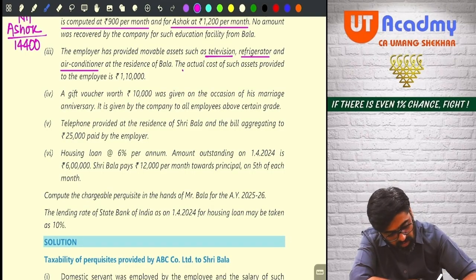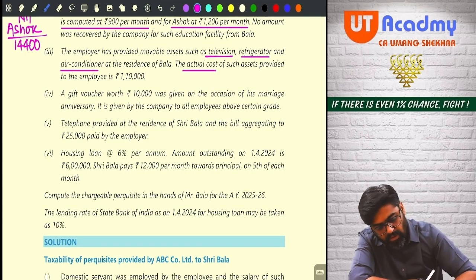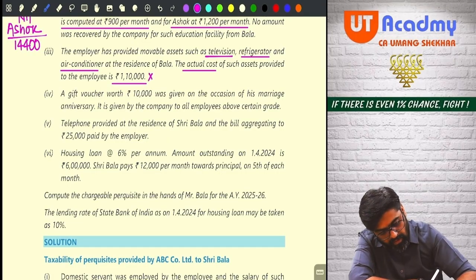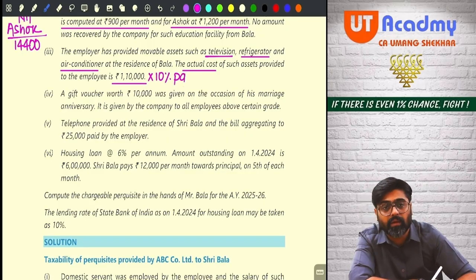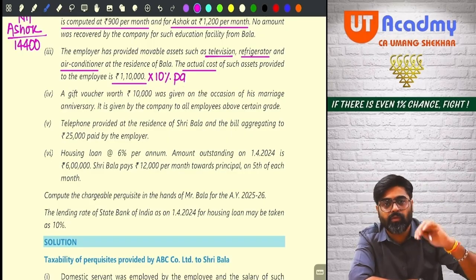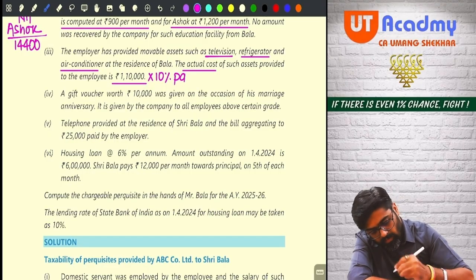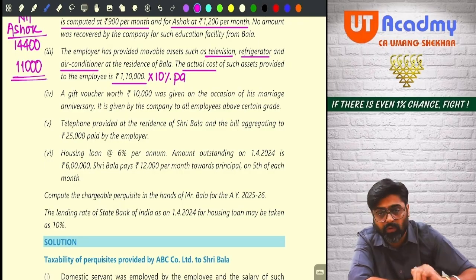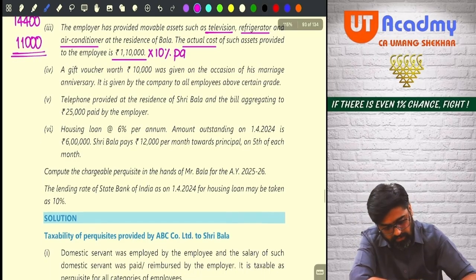And the actual cost of such assets is 1,10,000. So can I say 1,10,000 into 10% per annum, assuming that the assets were used for the full year. So the taxable amount will be 11,000. 11,000, you got? Everyone? Next one.